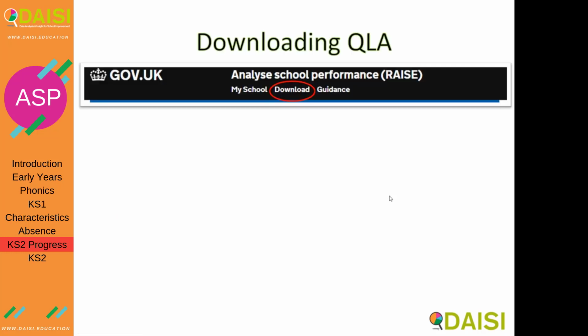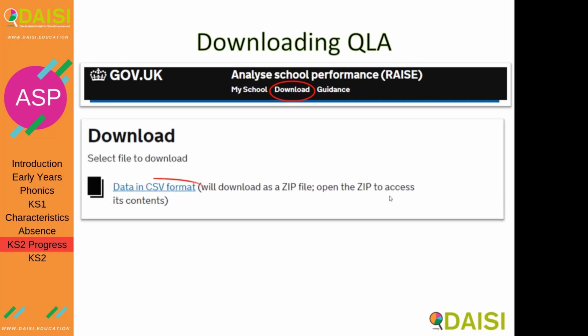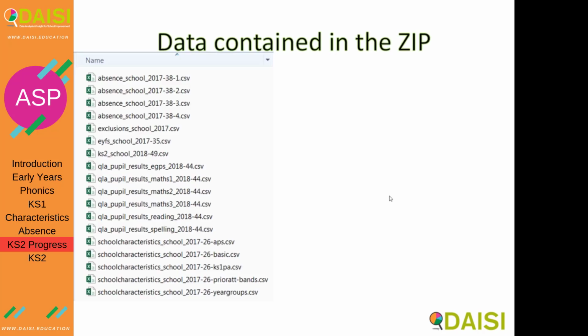You can download your pupils' individual question results by going to the download section at the top of the screen and clicking on data in CSV format. It will download as a zip, but when you open up the zip, you will have 6 files with QLA data. Don't just double click on them, as they will open in Notepad.